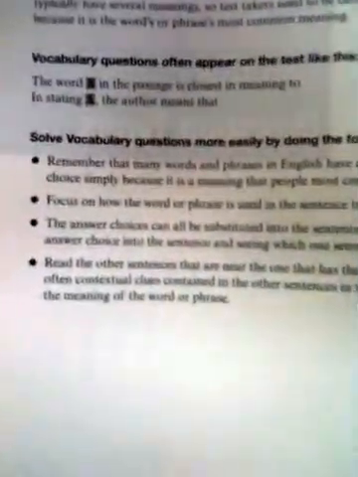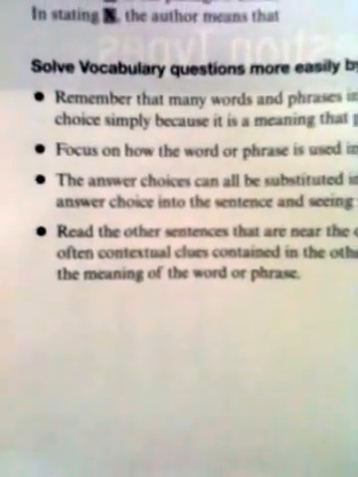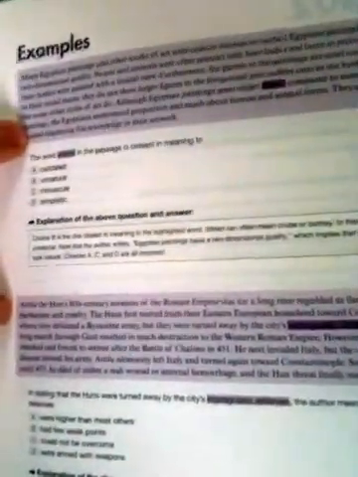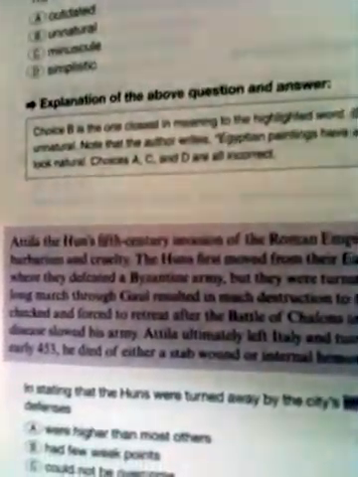And here are some helpful hints that can help you answer the vocabulary questions more easily. The next page has 2 short passages, each one of which has a vocabulary question attached to it. Finally, there is an explanation of the questions. This is what Part A looks like.